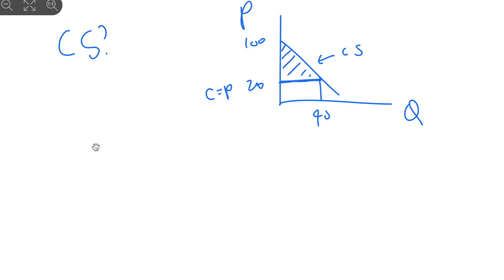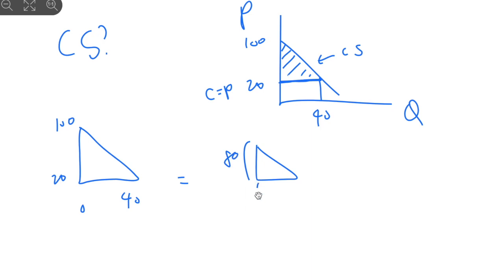So what is the consumer surplus? We are now detaching the triangle. We have 100 right there, 20, 0, 40. So we have the lengths of 80 and 40. The dimension is half of 80 times 40. We get 32, right?